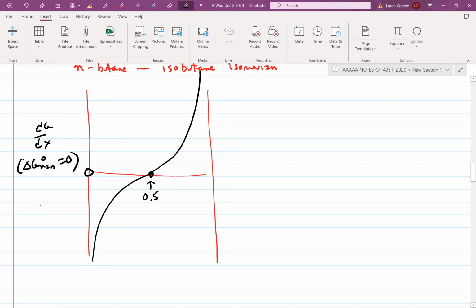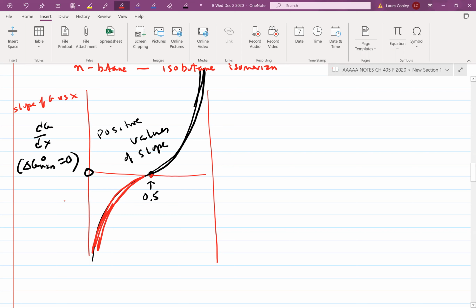So here's the 0. These are positive values of the slope, all these are positive values of the slope. And these are all negative values of the slope, because this is the slope of G versus x. These are negative values of dG/dx.